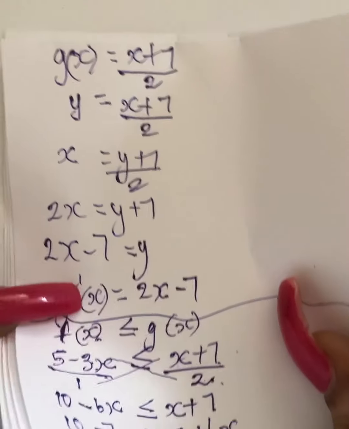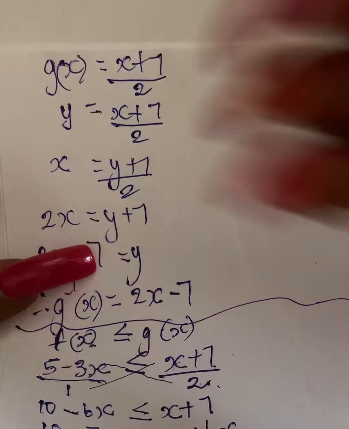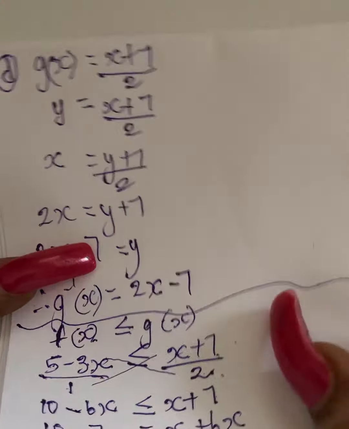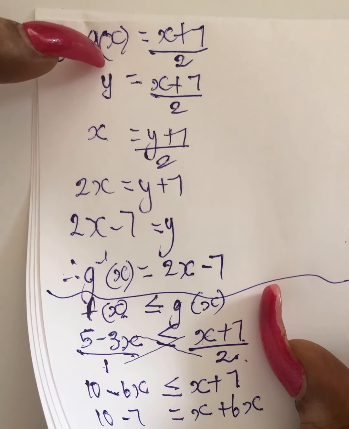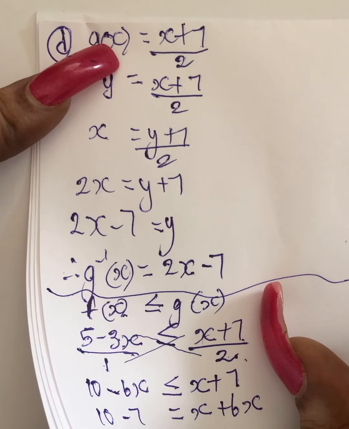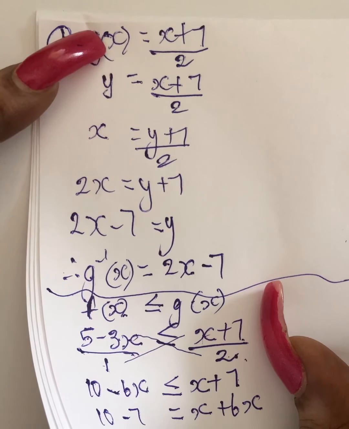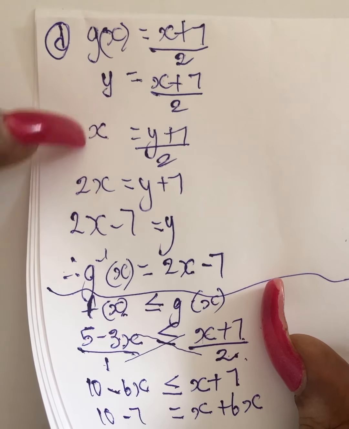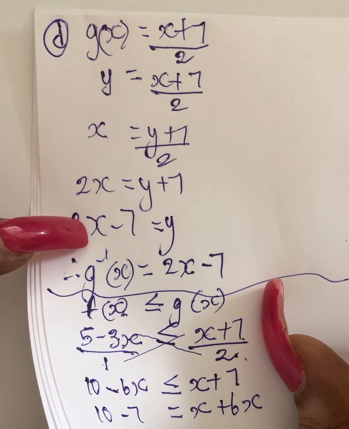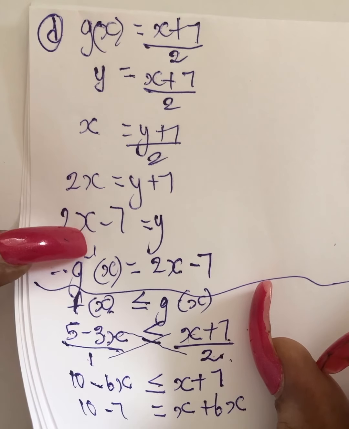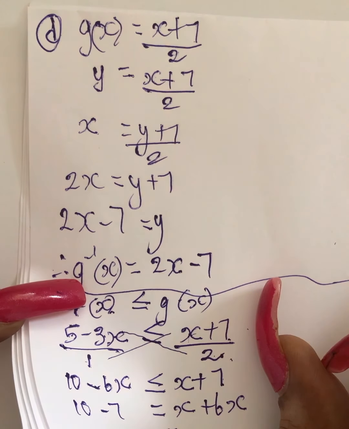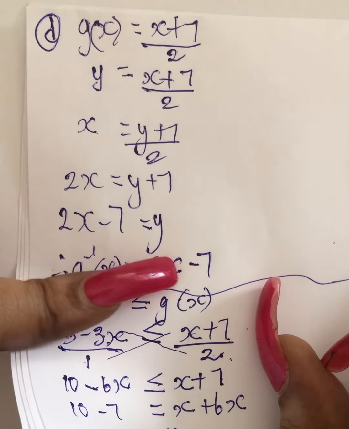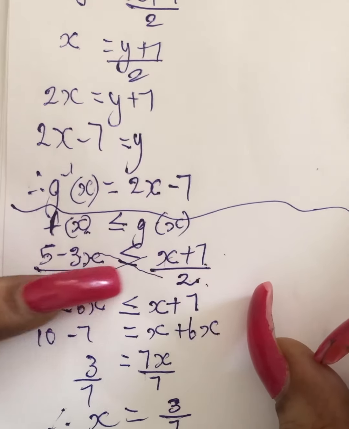Part D says to us, that's my D, right? To find the inverse of g of x. So you replace g of x with y, you interchange x and y, you make y the subject. Once you finish making y the subject, you write it in your answer form. g inverse of x is equal to 2x minus 7.